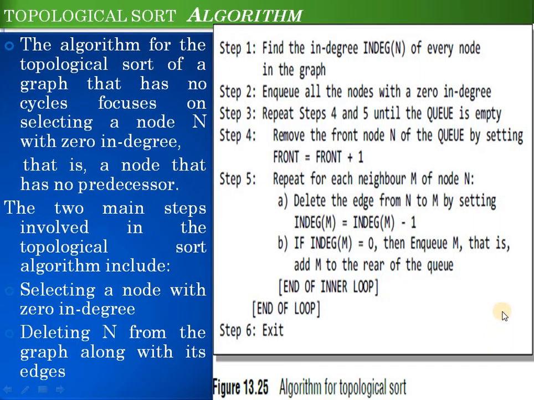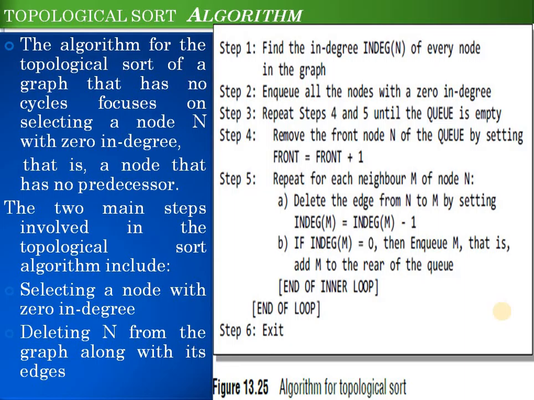Now the topological sorting algorithm. The algorithm for the topological sort of a graph that has no cycle focuses on selecting a node n with 0 in-degree, meaning there is no edge coming toward that node, that is, a node that has no predecessor.